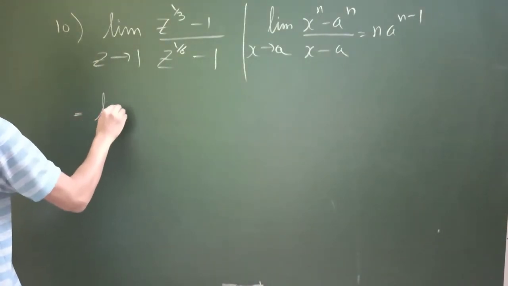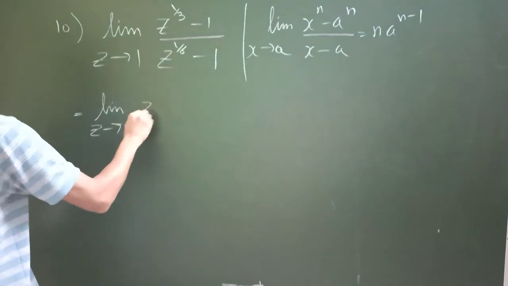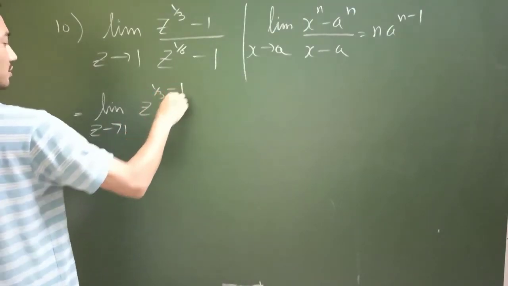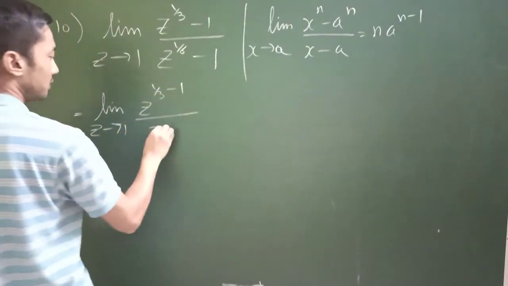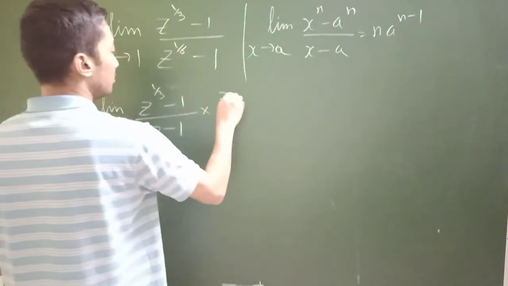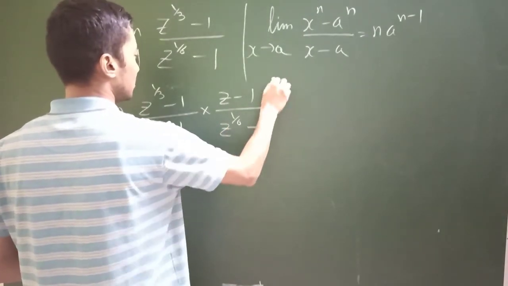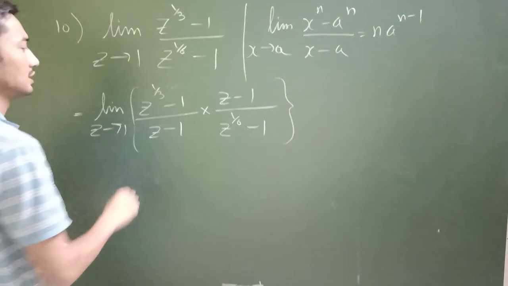It's very simple. Just convert that into that particular form, that is z tends to 1, (z power 1 by 3 minus 1). So what I'm going to do is multiply and divide by z minus 1, and divide by (z power 1 by 6 minus 1). So that's almost done, isn't it?